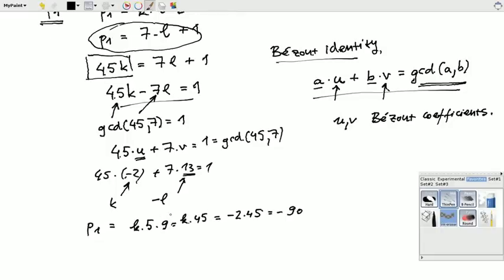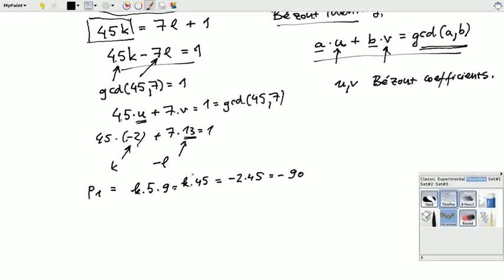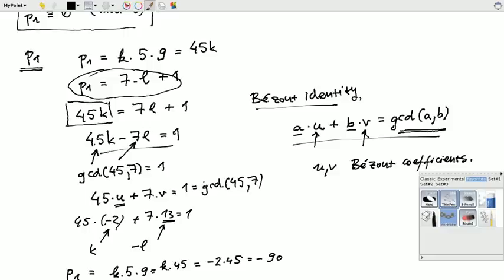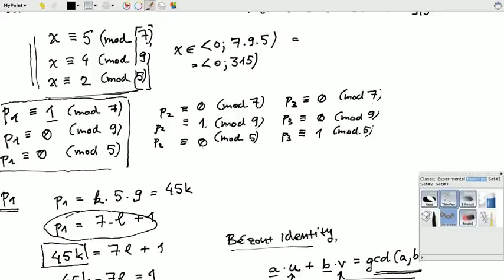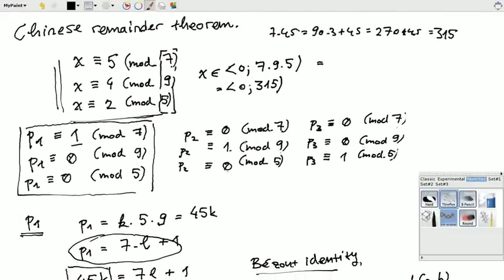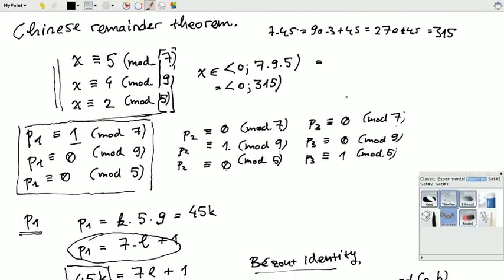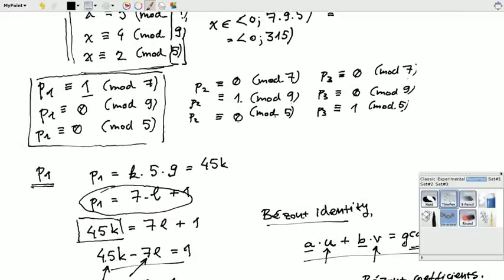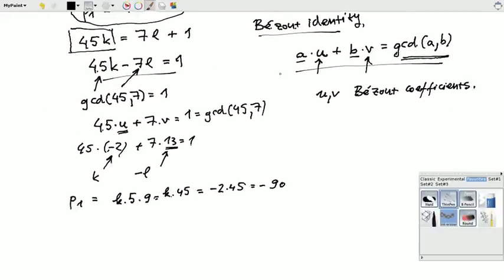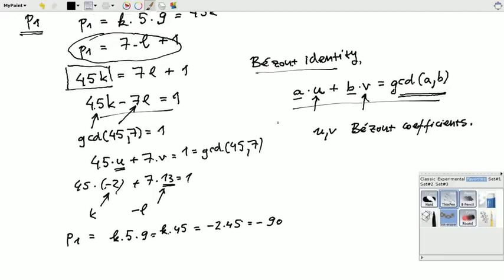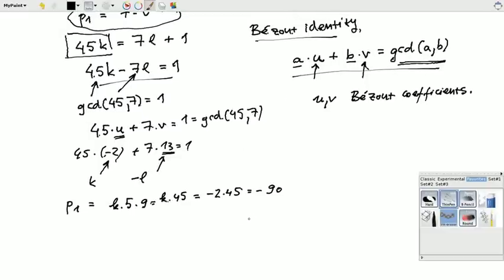Okay, so P1 is equal to minus 90. Well, we are actually computing everything modulo 315. I'm going to do it as a bit of a magic trick here.